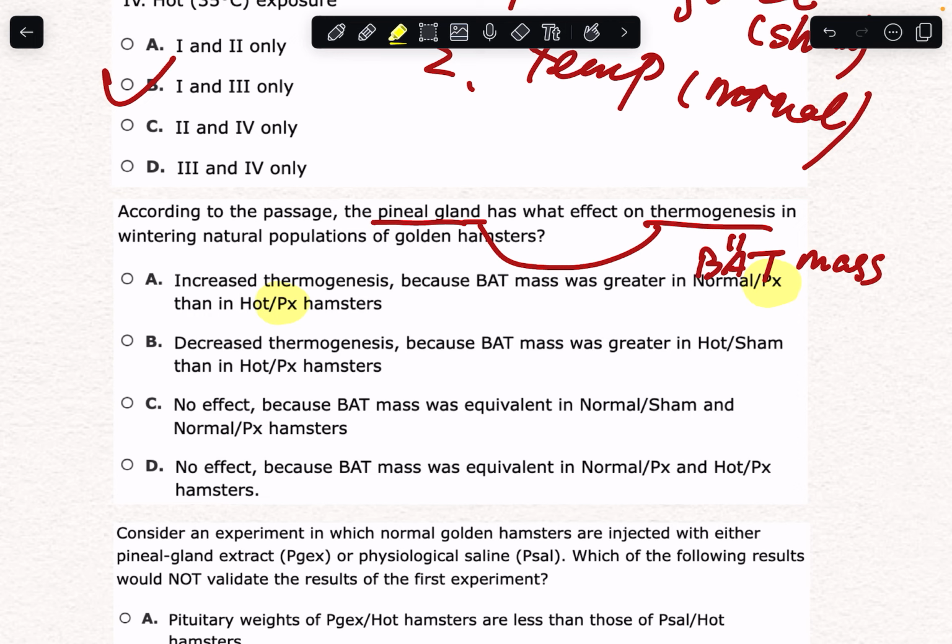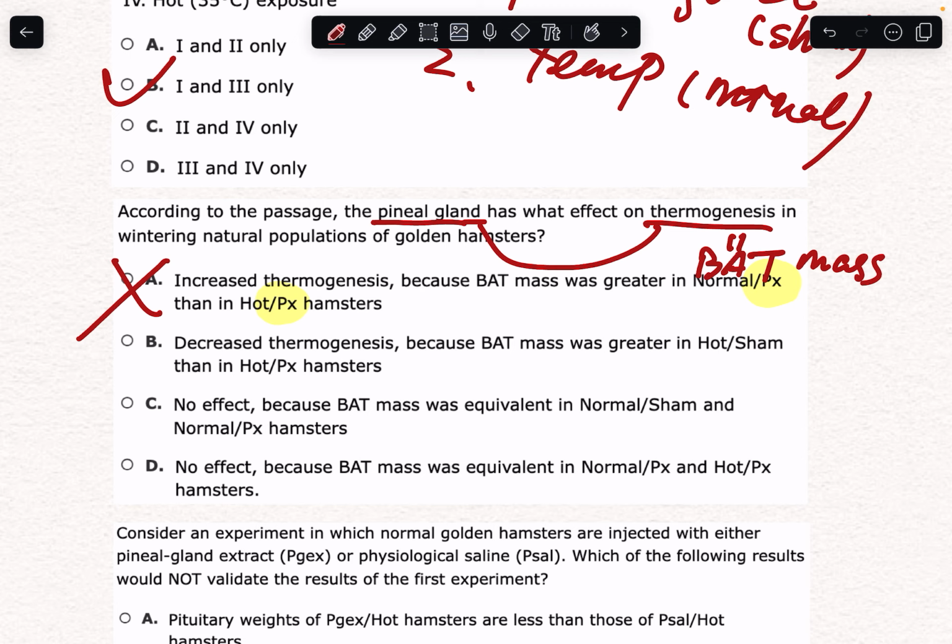But really, I need to see the pineal gland's effect on thermogenesis. So I really need one group to be sham, right? To have no pineal gland. Then I can say pineal gland's effect, right? Okay, so right off the bat, I can cross out A, okay?